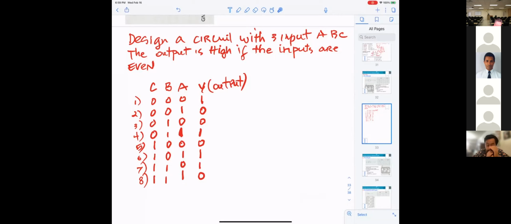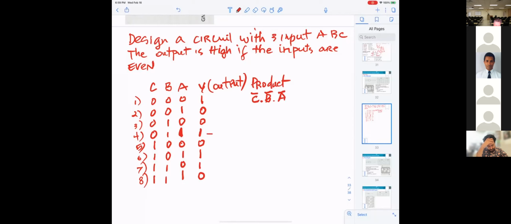So now, if I want to get the product, on this one here, you're telling me what A, B, C, I can write out this way: not C and not B and not A. That's the one product.